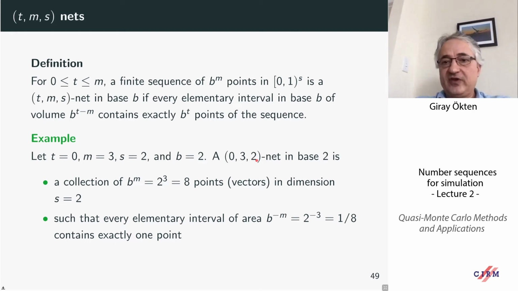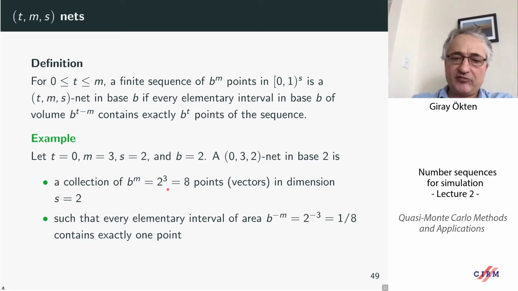First of all, this is finitely many vectors. How many? It is b to the power m points. M is 3, b is 2, so we are talking about 2 to the power 3 points, 8 points, 8 vectors in dimension 2.